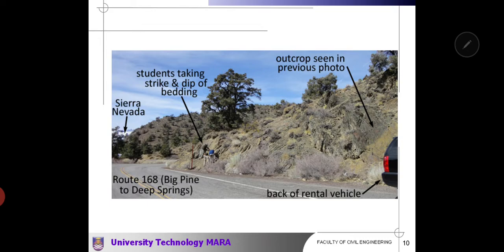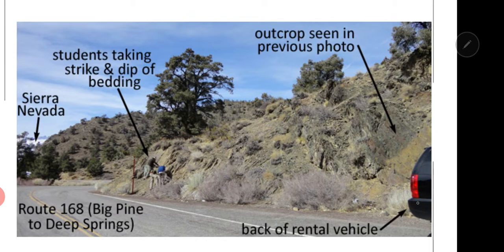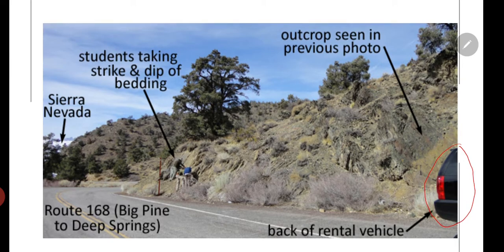This is one example when you are going on a field trip. This picture shows it very clearly. They are showing the back of rental vehicles here, meaning that you need transport to go on the field trip, of course. And where is the location?